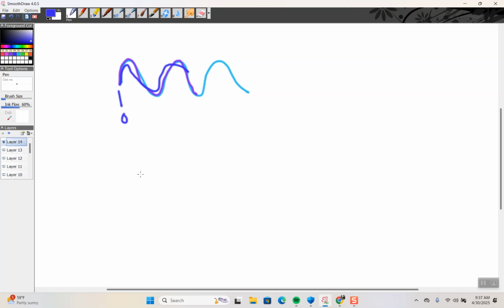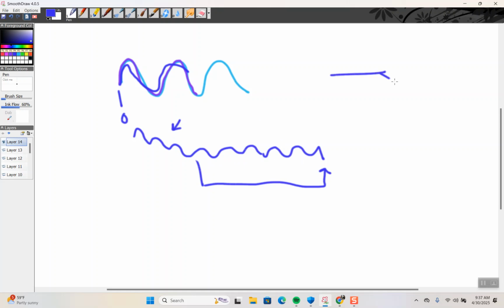But then there were some where the sine wave started up here and then evened out. What it is, is the cutoff of the low pass, which is 1 over FC, the time constant. The time constant was so long that it took time for it to get to where it was going.